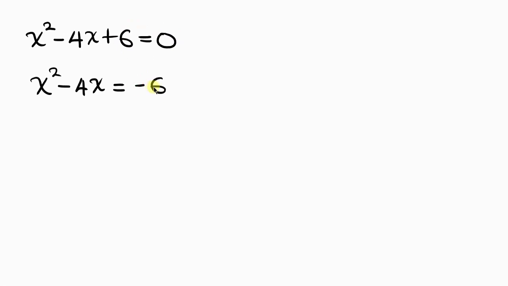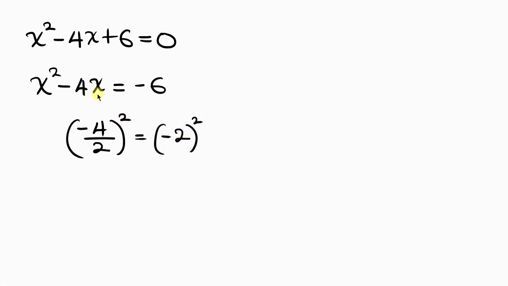negative 6. Now we're going to be taking the coefficient of x, which is negative 4. We divide it by 2 and we square the result. So negative 4 divided by 2 gives negative 2, and this is squared.